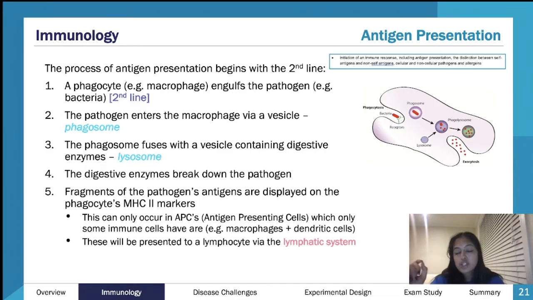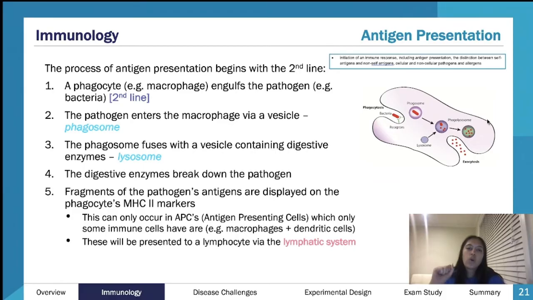If you are an antigen presenting cell, what will happen is you're degrading, you're sort of like digesting this bacterium. You will get part of that, so its antigens. And what you will do is you will go and present it on your MHC2. So your MHC2 molecules, just like your MHC1, will sit on the plasma membrane. So we'll take a little fragment of this, showing your antigen, and we're going to put it on our MHC2 markers, which will just sit around here.